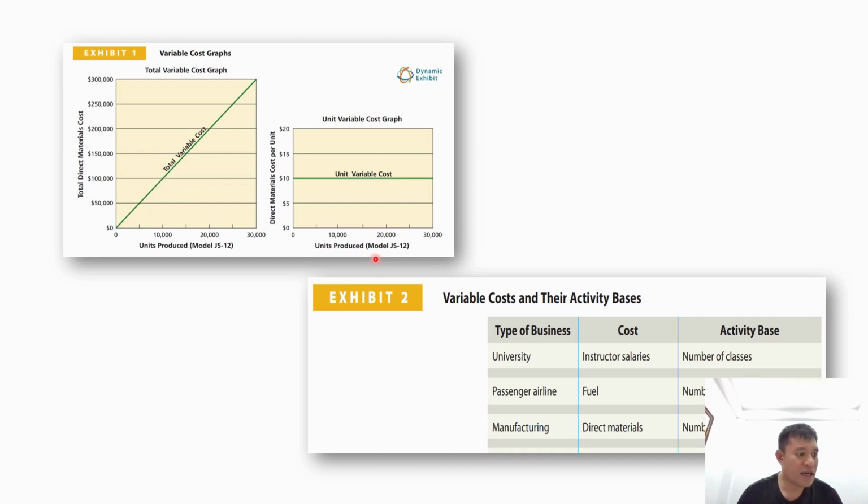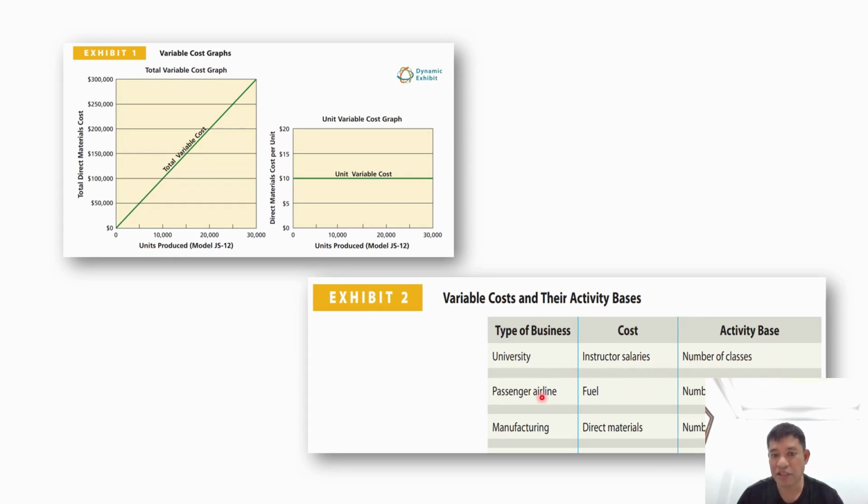So, in Exhibit 2, these are some examples of variable costs and their related activity bases for various types of activities or businesses. So, first, in a university type of business, the instructor salaries are variable depending on the number of classes.